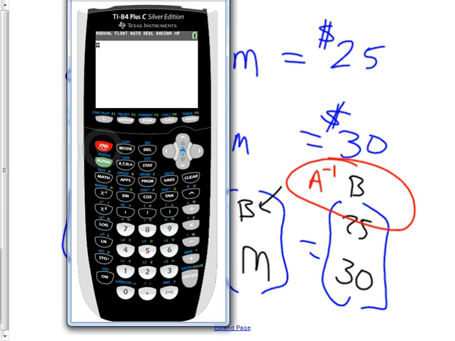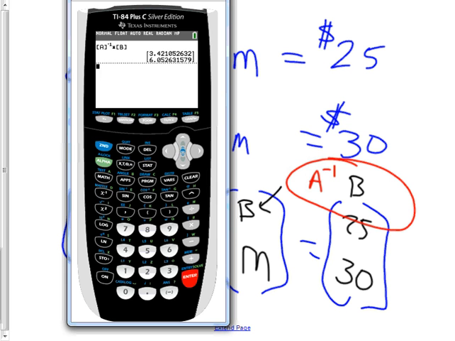Okay, so I'm going to go inverse A. First of all, I got to put in A, slap it out there on the screen, and then I go inverse, times B, got to get the matrix B, cannot use alpha B. Here we go, inverse A times B is that, and if this is money, that means it's $3.42 for the B, for the bagel package, and $6.05 for the what? The muffins. All right.